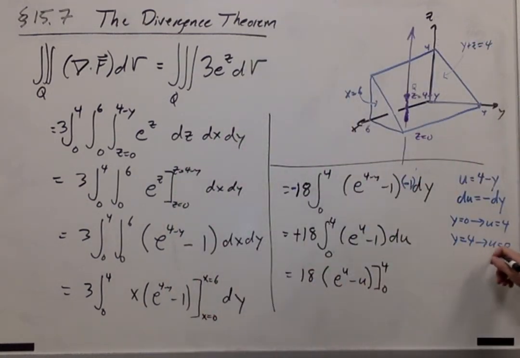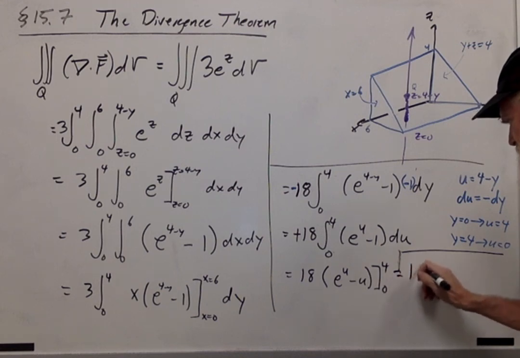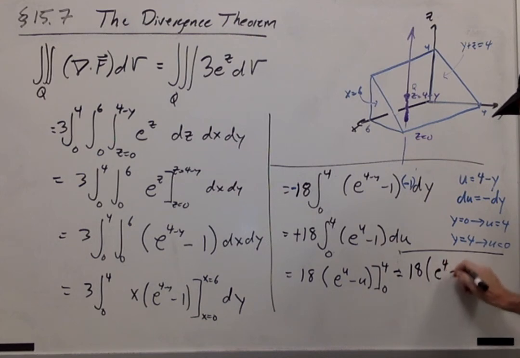And then let's start plugging in. I have 18 times e to the 4 minus 4, minus 18 times e to the 0 minus 0, where of course e to the 0 is 1.